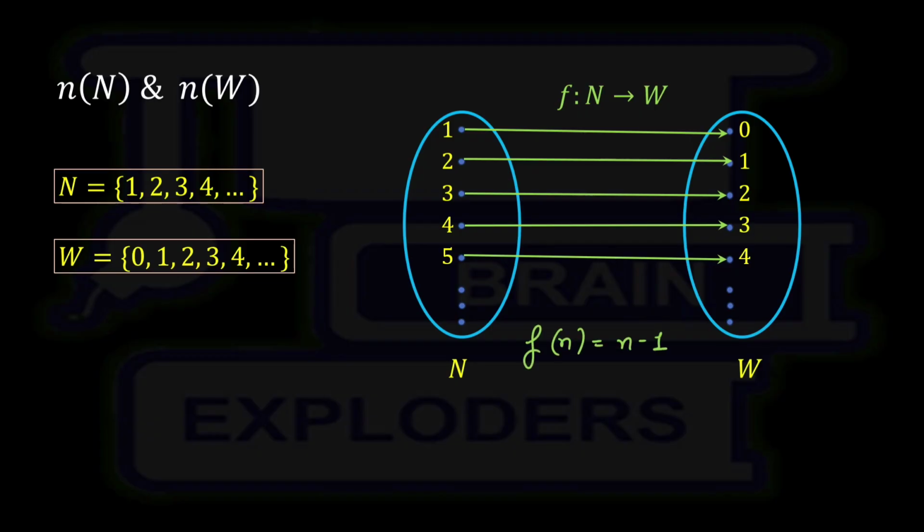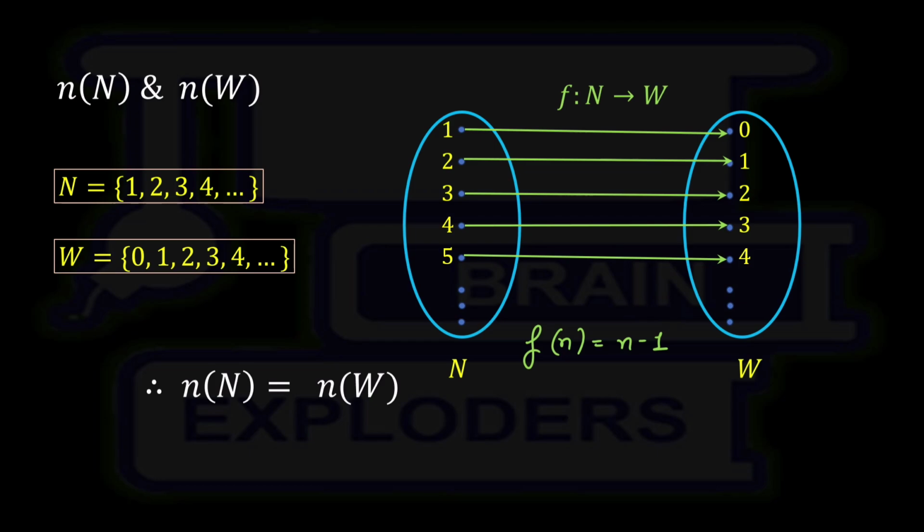Here you can see that the function is definitely 1 1, and all the elements of W have a pre-image, and that's why the function is 1 1 onto, and that's why the cardinality of natural numbers is equal to the cardinality of whole numbers.